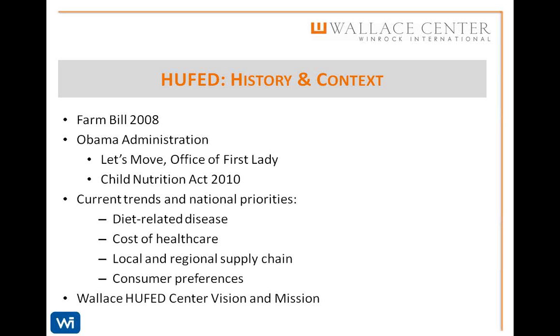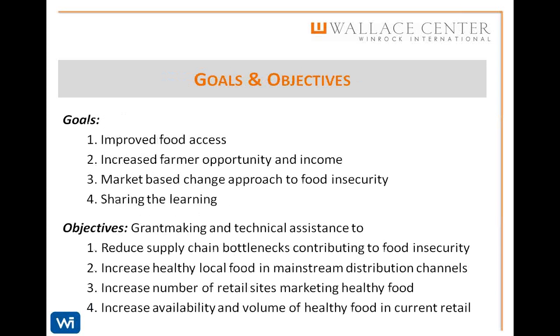And then, as John had mentioned, the Hue Fed Center vision and mission is really to address specifically the food access gaps, barriers, bottlenecks, and deficits that prevent healthy food from getting to an underserved consumer. I'll talk more about that in a little bit.